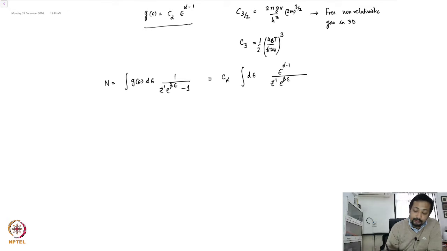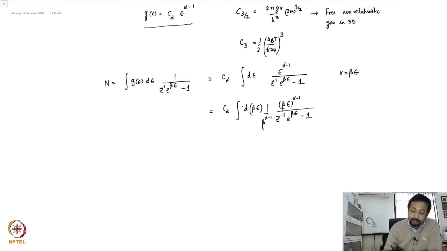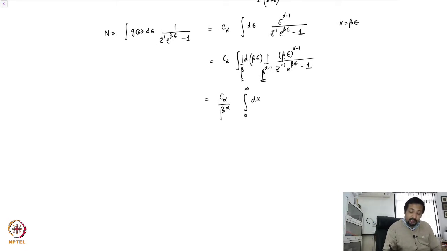Again we use a transformation of variables: we substitute x equal to βε, so I have d(βε), then (βε)^(α-1), the same denominator, and β^(α-1) and 1 over β, so that the expression takes the form β to the power minus α. One β cancels with the minus 1, and you are left with C_α divided by β^α, and your integral is dx x^(α-1) over z^(-1) e^x minus 1.